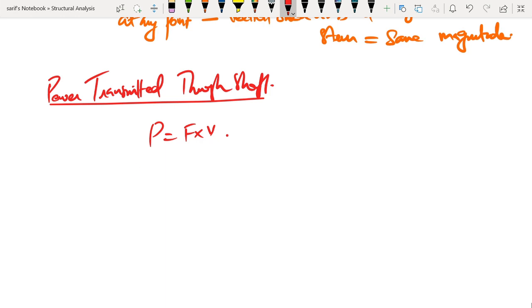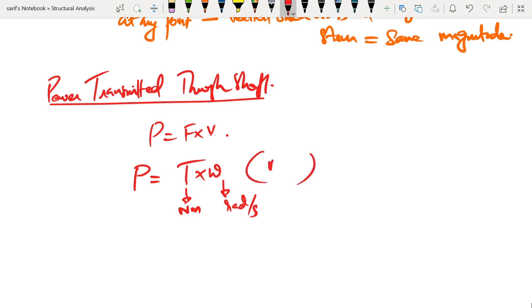So in circular motion, power will be equal to torque into angular velocity. Most of the time this torque has to be represented in Newton meter, and omega, or the angular velocity, has to be represented in radian per second. If this is in radian per second, the output that we are going to get will be in watts.